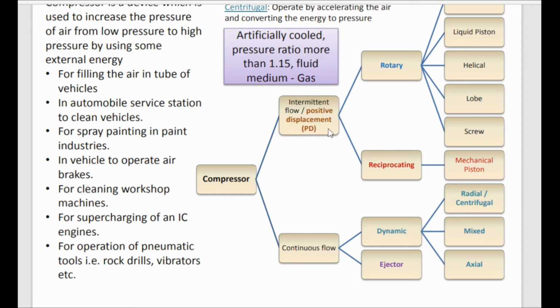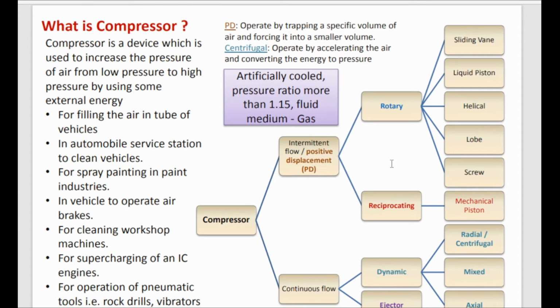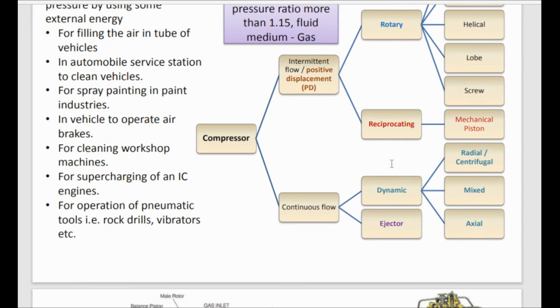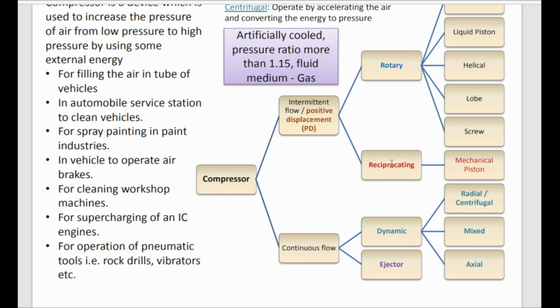Now in this PD there are rotary and reciprocating types, and in the rotary type there are sliding vane, liquid piston, helical, lobe, screw, etc. And in reciprocating, which is the main subject of the day, it is called a mechanical piston there. Here you can see rotary is also a rotating type of compressor, and continuous flow dynamic is also a rotating type of compressor.